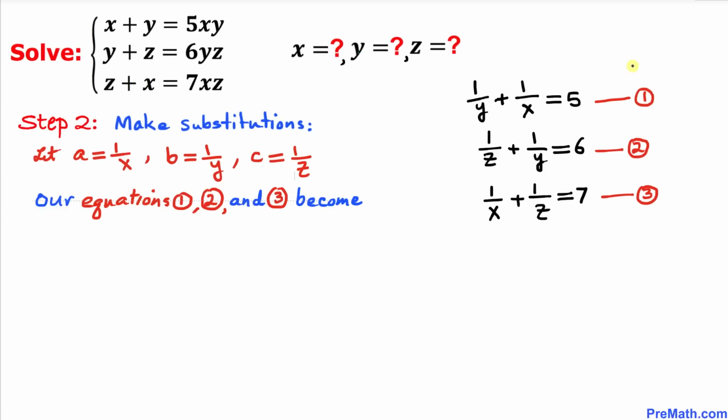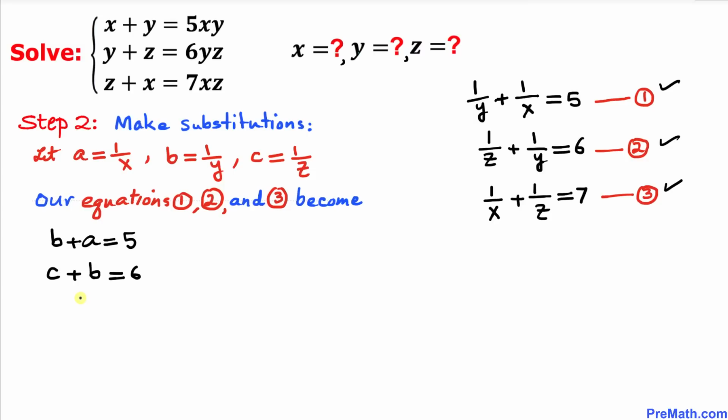Then equations 1, 2, and 3 are going to become, once we have substituted, b plus a equal to 5. The next equation is going to be c plus b equal to 6.